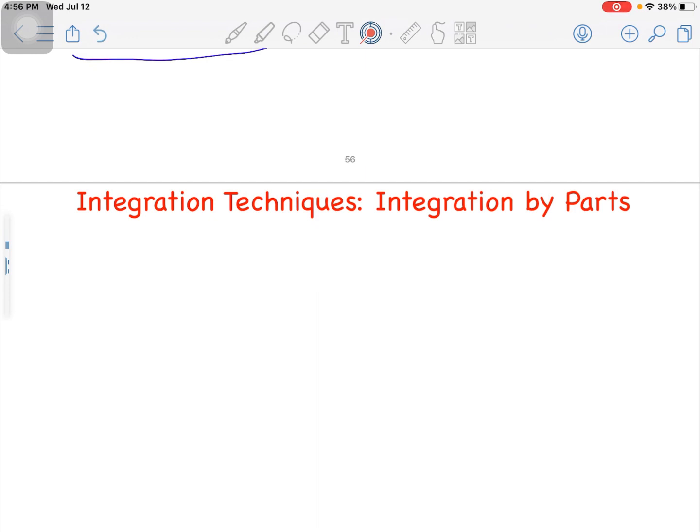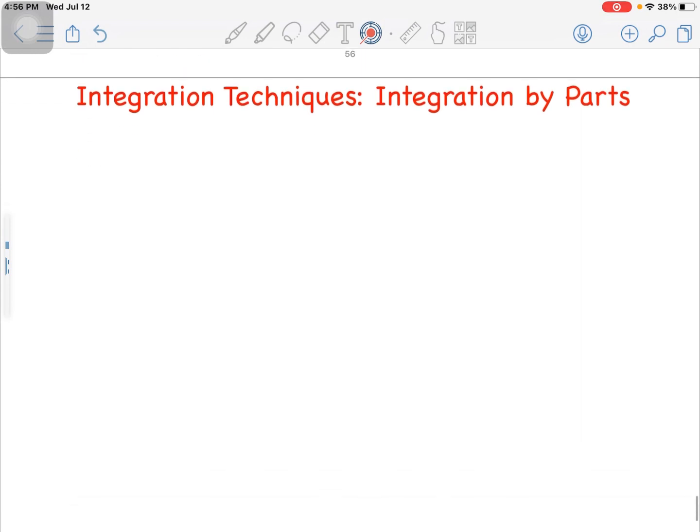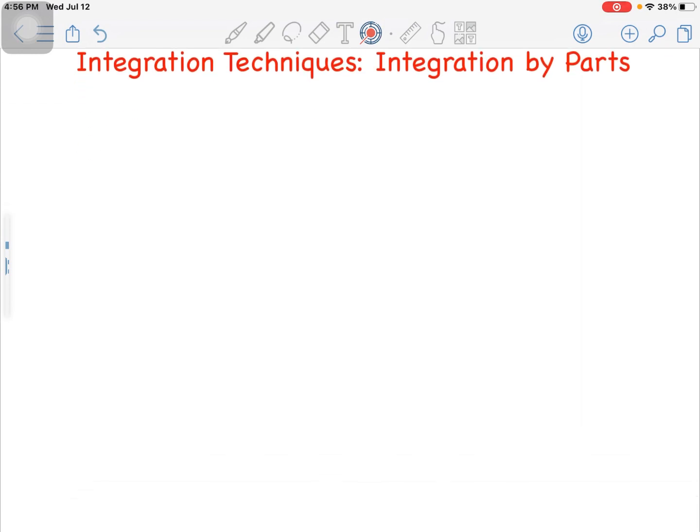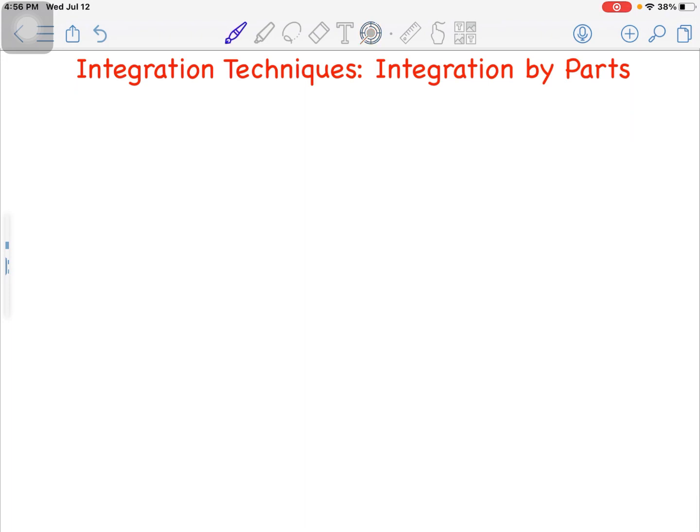And one of these functions can be integrated using techniques that we have already developed. So let's straight away use some simple example to illustrate that. Using the integral of x multiplied by exponent x with respect to dx.